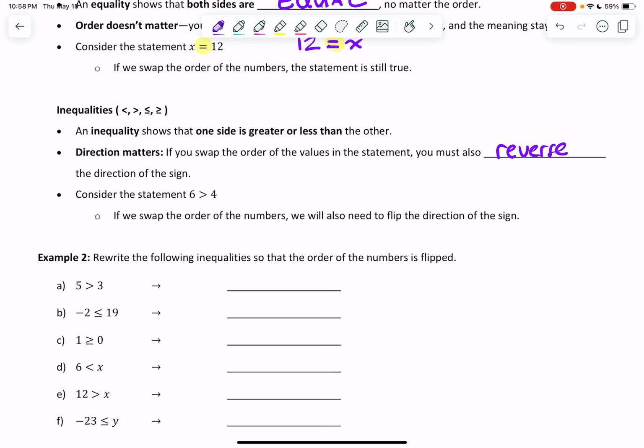If I have a greater than symbol, and I want to change the order, so instead of saying 6 is greater than 4, I want the 4 to come first and the 6 to come last, then in order to keep this statement accurate and not change what it's saying, I need to reverse the direction of the sign. 6 is greater than 4 is an accurate statement. 4 is less than 6 is also an accurate statement, because that sign flip is necessary.